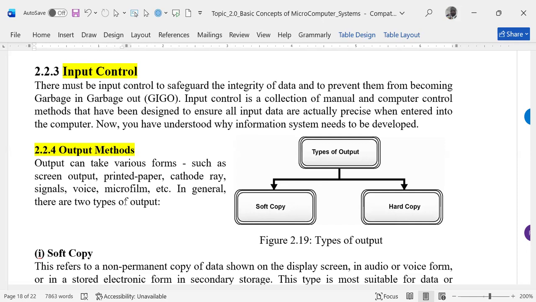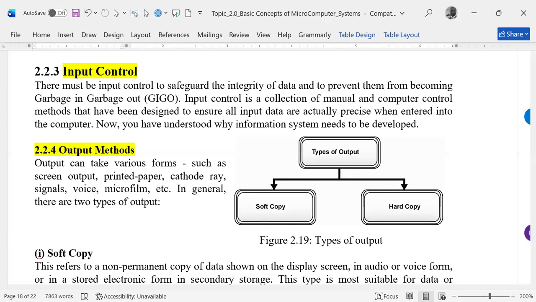If it is a hard copy, the paper is there, you just pick it. But with soft copy, you switch on the machine before you go to the location. The advantage is that it can be reproduced in as many copies as you want. It can also be distributed to different locations anytime you want. And these soft copies are free from fire and other hazards because they can be distributed across several networks.